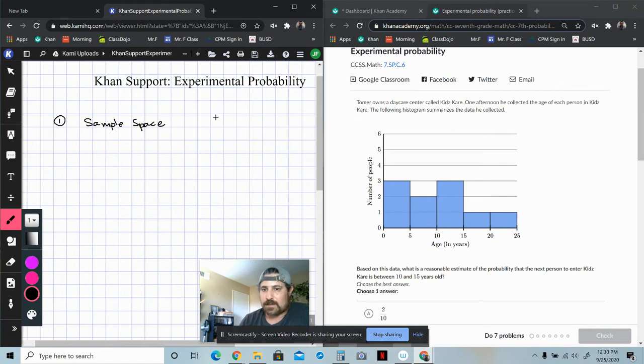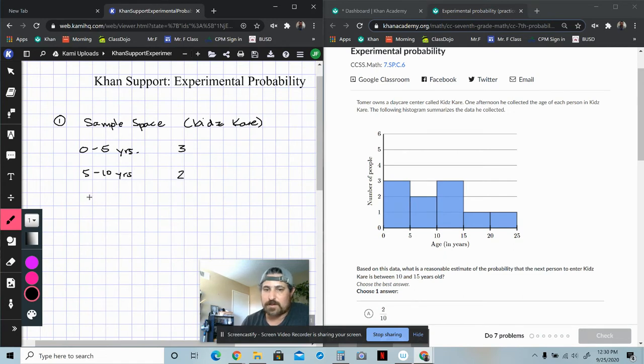And it's basically going to be the ages of these people at Kids Care, right? And that's the ages of the kids at Kids Care. So let's write Kids Care. Okay, and let's find out how old these people are. So from 0 to 5 years old, you have how many? 3. And people from 5 to 10 years old, you've got 5 to 10, it's going to be 2.